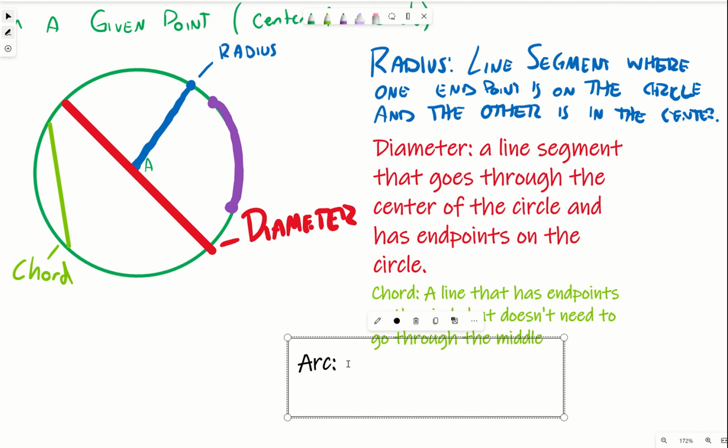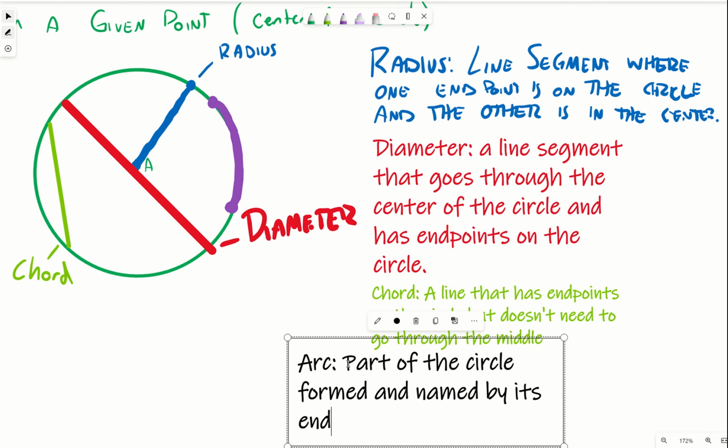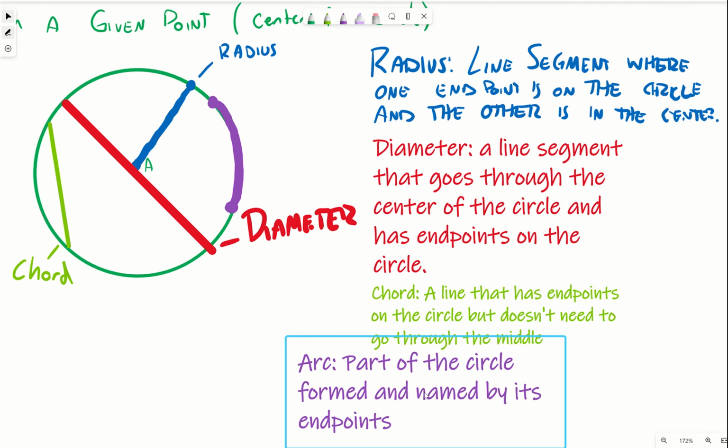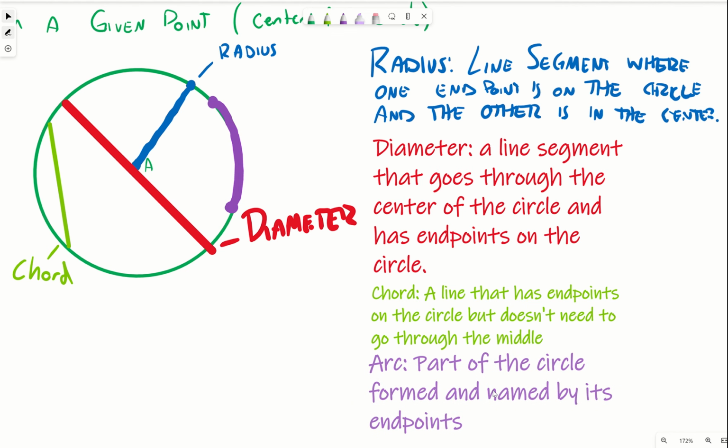This is part of the circle formed and named by its endpoints. So an arc is just a part of the circle that exists on the outside of a circle, and it is named by its endpoints. Those are the main parts inside of a circle.